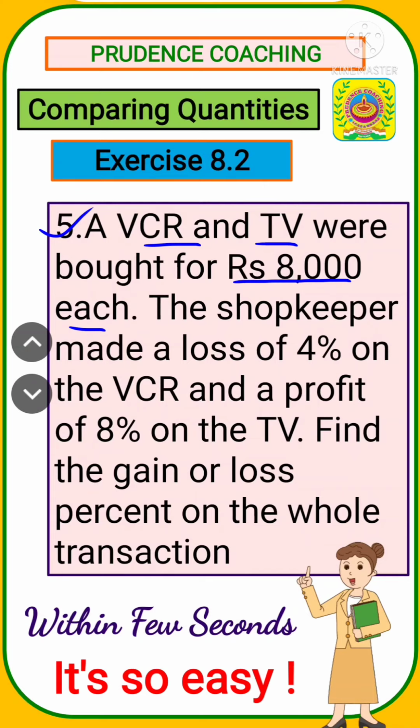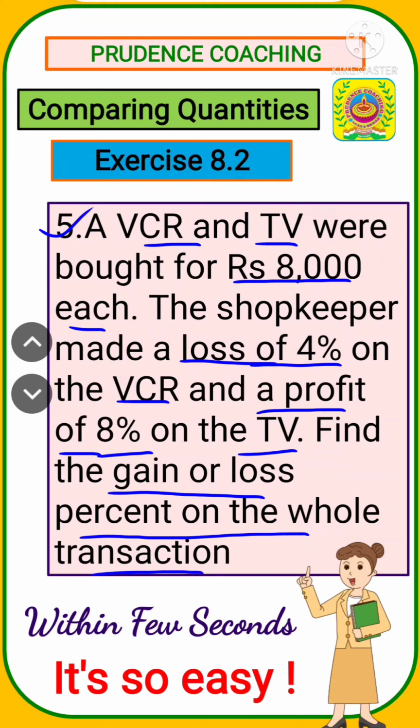The shopkeeper made a loss of 4% on the VCR and a profit of 8% on the TV while selling them.